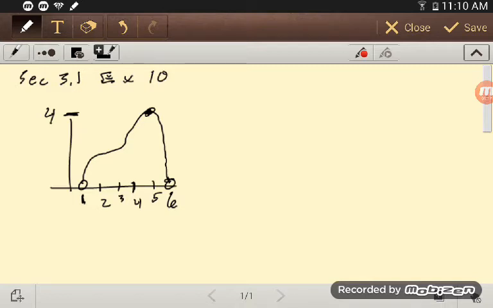So on this particular exercise, it looks like this point is at 5, 4. Our critical number then is 5.